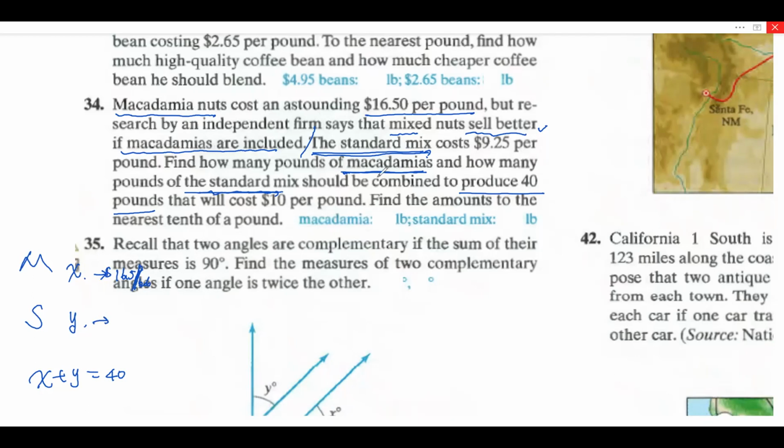And the standard cost is $9.25 per pound, right? So they want to find out, the final mix is 40 pounds. The cost is $10 per pound.